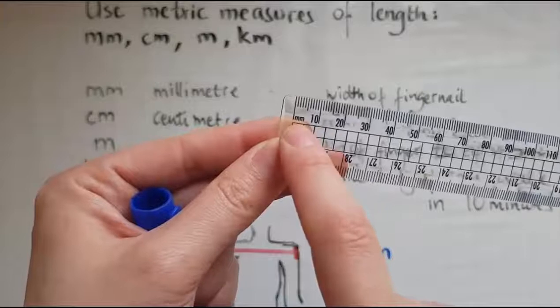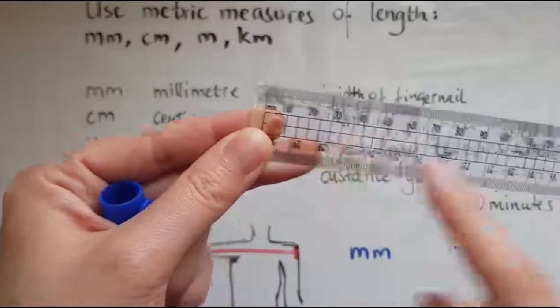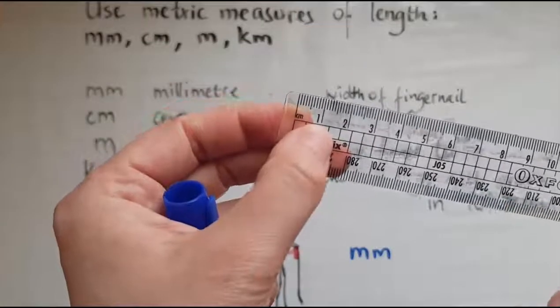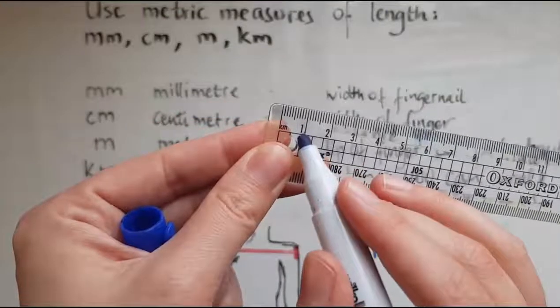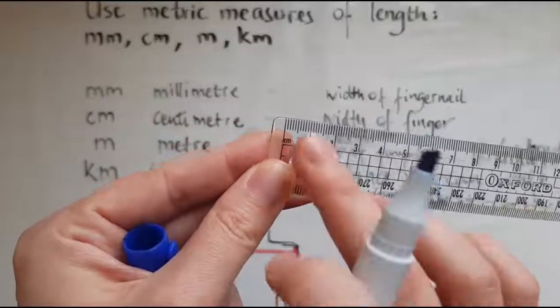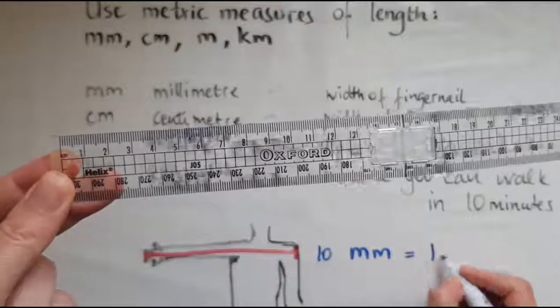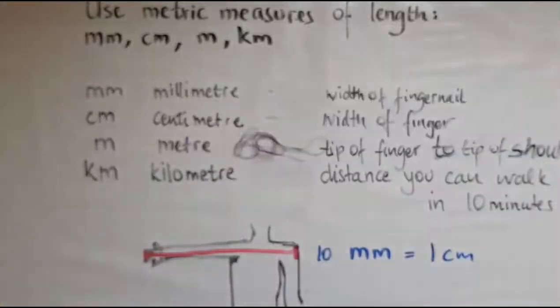So there are 10 millimeters which make 1 centimeter. And if I turn this around, that confirms what I've just said, because as you can see, the long line now marks 1 centimeter. So 10 millimeters are equal to 1 centimeter, and a ruler can help you with that.